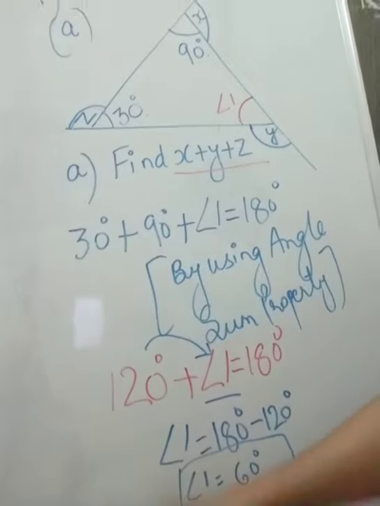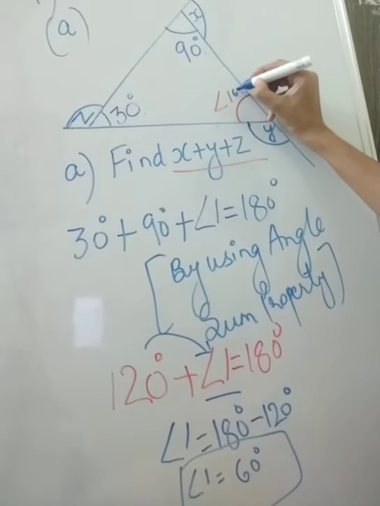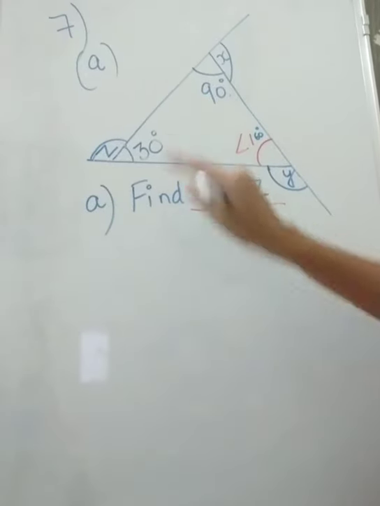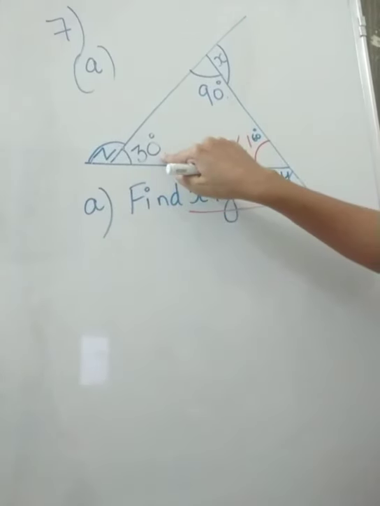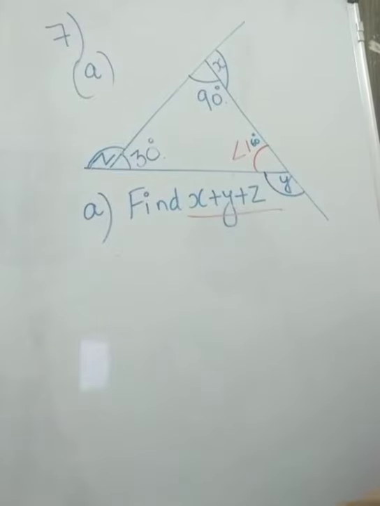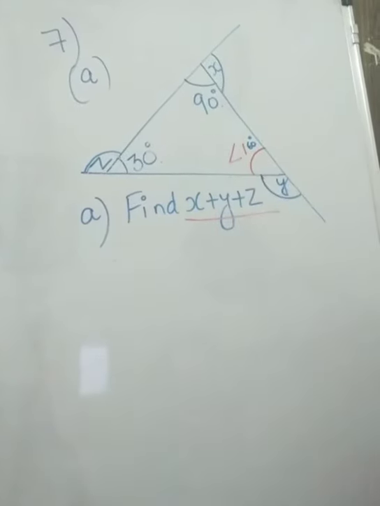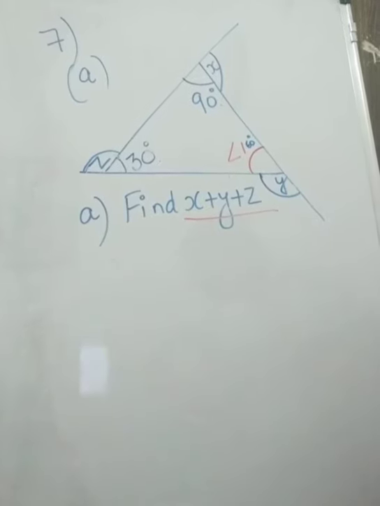So we got angle 1 as 60 degree. Okay, now we know all the three interior angles. One is 30, one is 90 and one is 60. Now by using these interior angles, we will find the exterior angle by using linear pair.